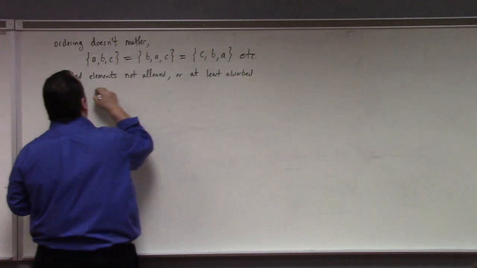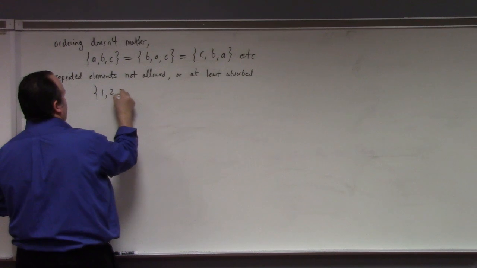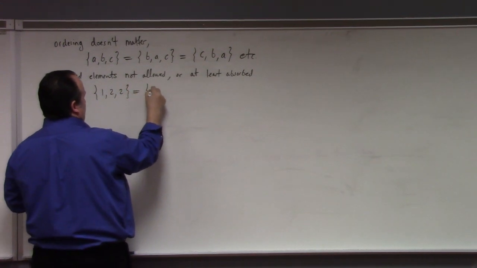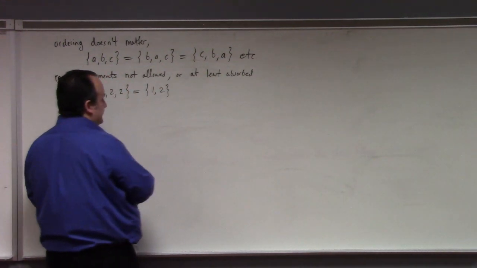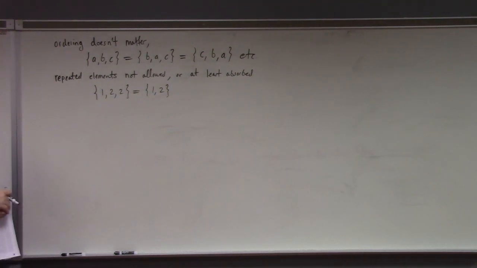What I mean to say is, if I have {1, 2, 2}, in set theory, that's just the set {1, 2}. Kind of nervous to even write this in here. I feel it's going to get me into trouble. But if you want to distinguish between these two things, you'd need the concept of a multiset. A multiset is like a set, but it allows for repeated elements.